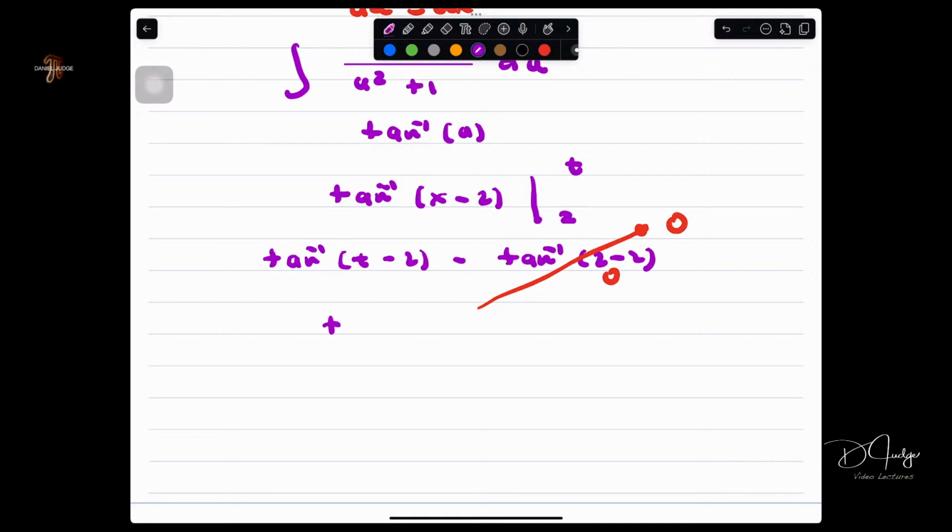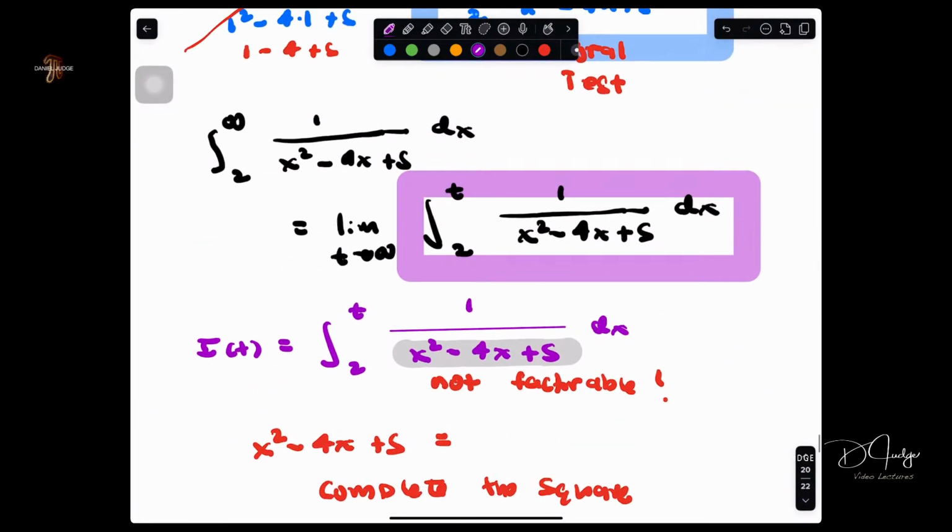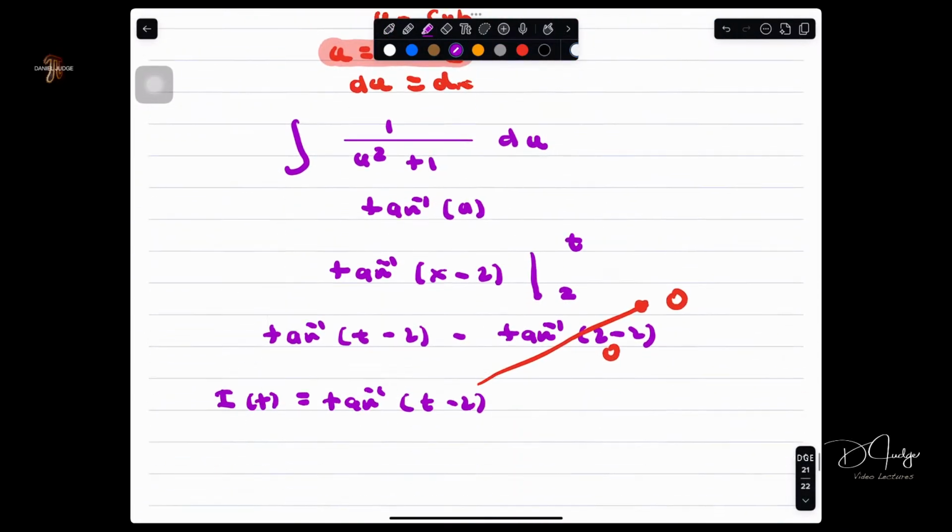So we got inverse tangent of t minus 2. This is the I of t with our improper integral right in here. So we're going to take this limit now as t goes to infinity.